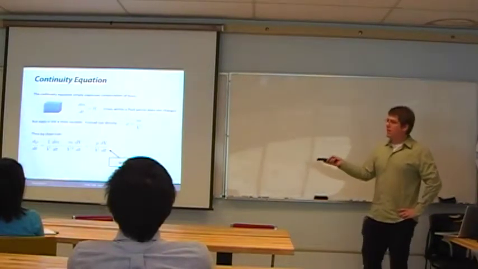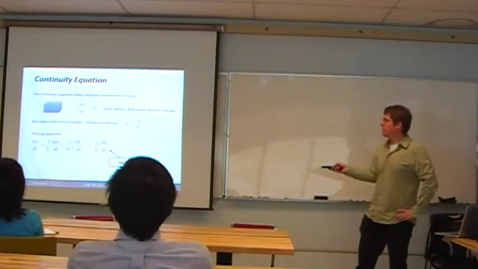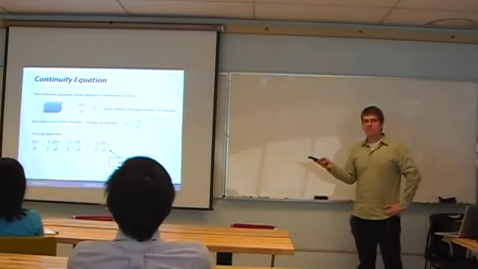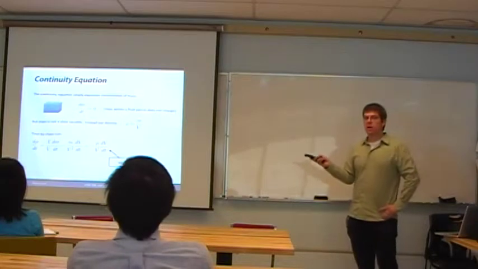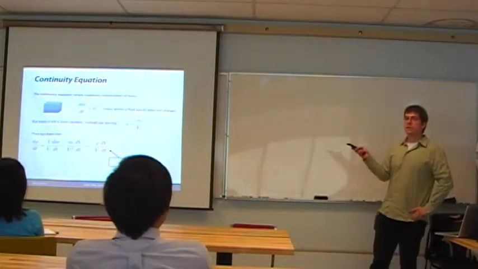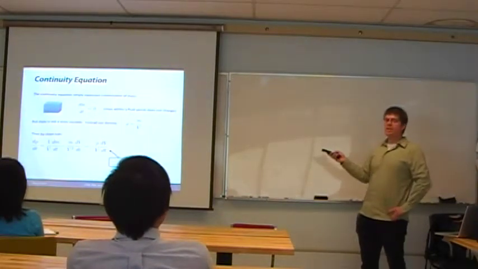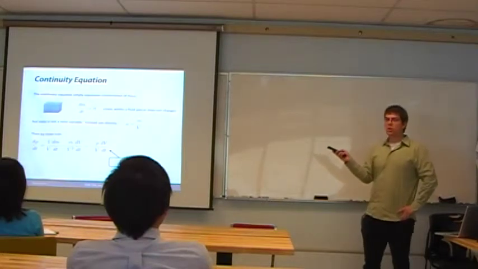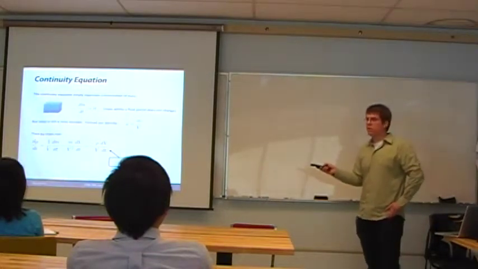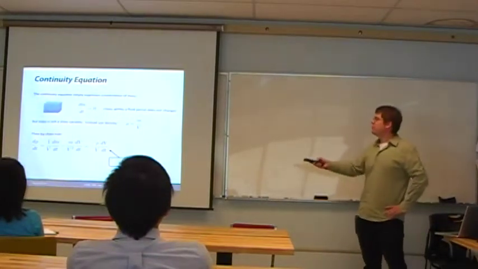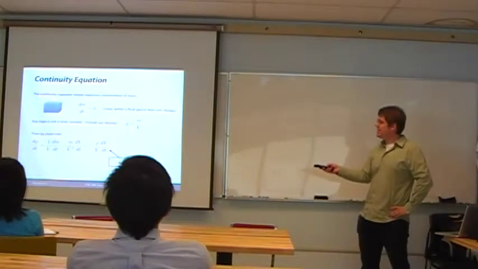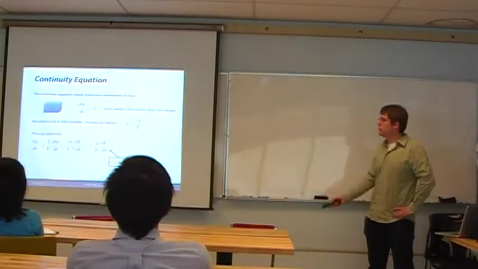But with that in mind, we obtain this as a starting point for conservation of mass. The mass within any particular fluid parcel will not change in time. But mass is not a state variable. Our state variables are density, pressure, temperature, and each of the velocity components. Those are the quantities that we have stored at a particular location in space. So instead, we need to use the density in order to obtain the continuity equation.